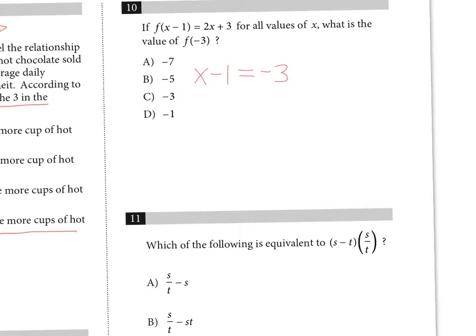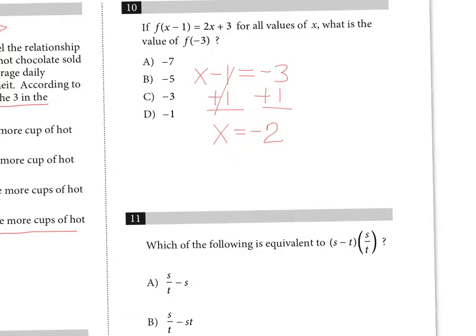So what would x be so that I can go into that function and let x be that? Well, how do I leave the x by itself here? What should I do? Add 1 to both sides, that's right. So x is negative 2. So what I need to find out is, when I substitute the x to be negative 2 and then simplify that.